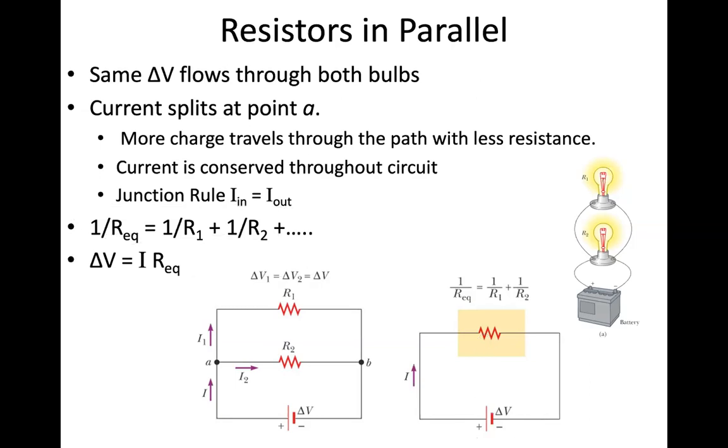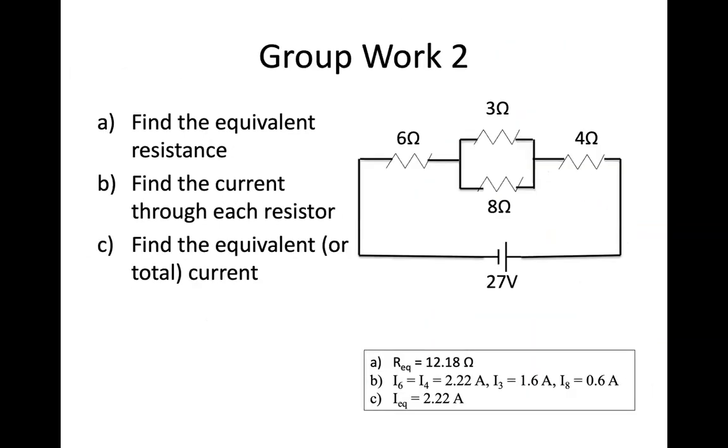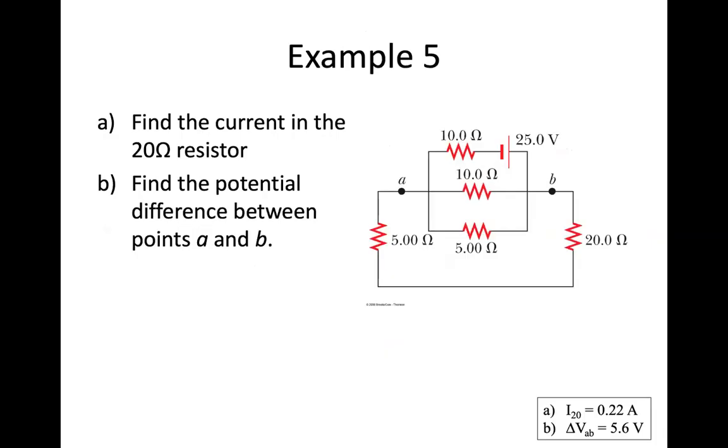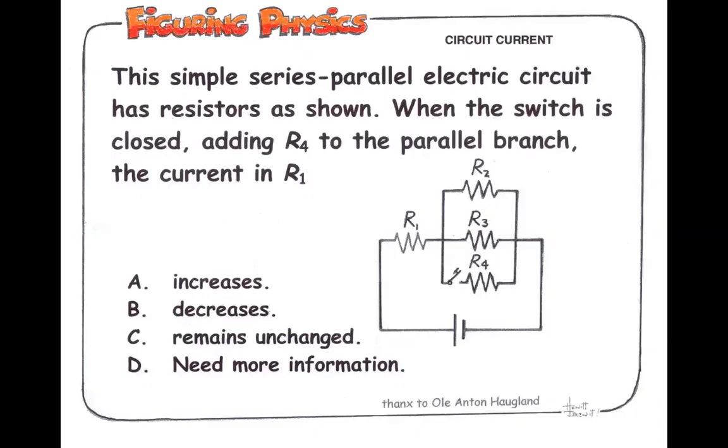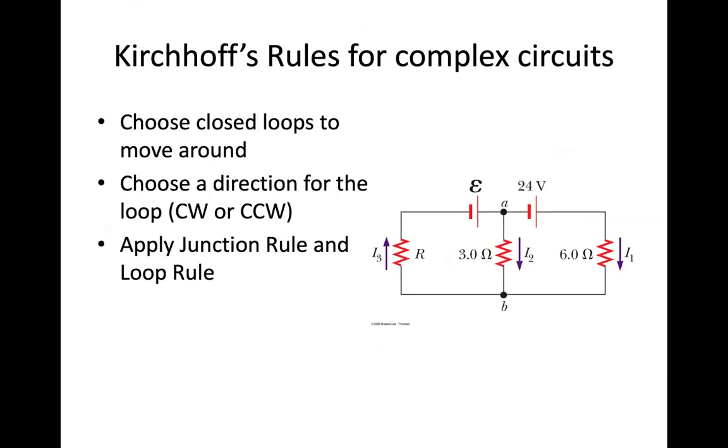Okay, so how do I test to see if resistors are in parallel? Well, it might not be so important right now, but what about when I have something like this? What's in parallel and what's in series?